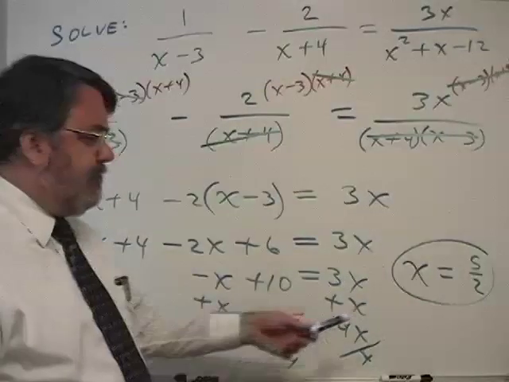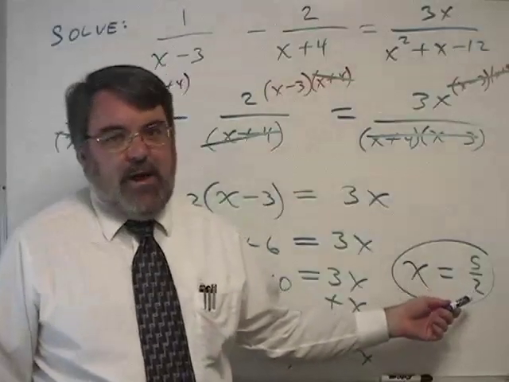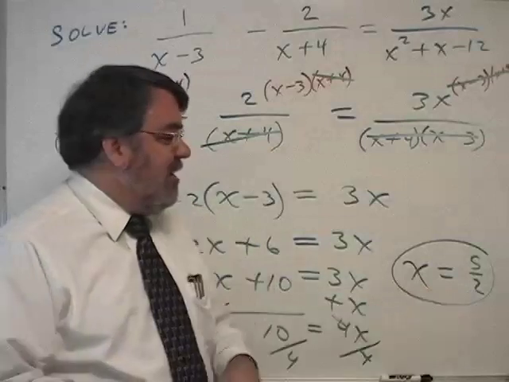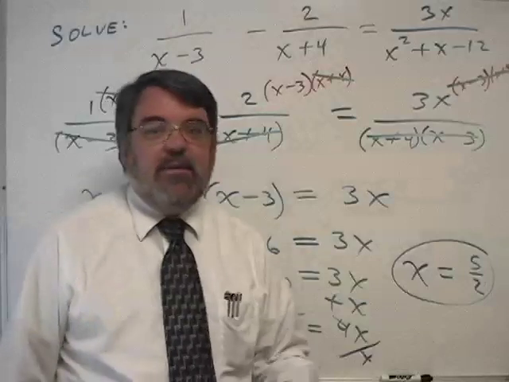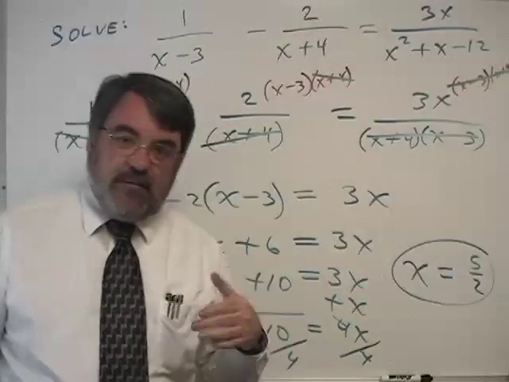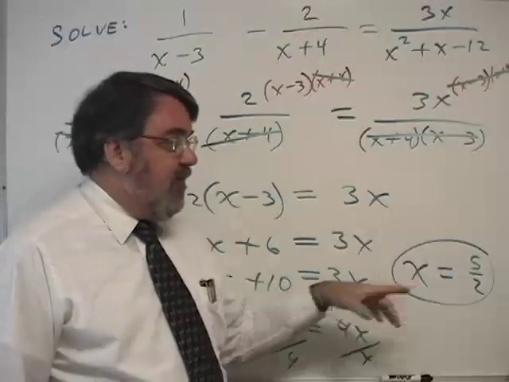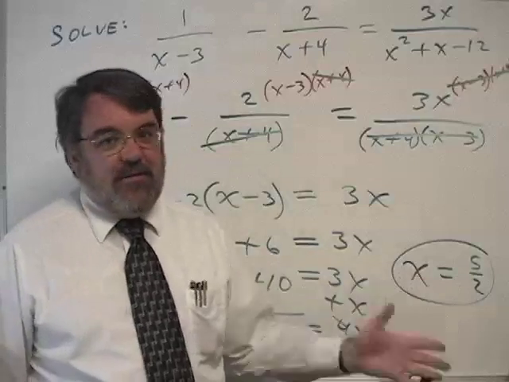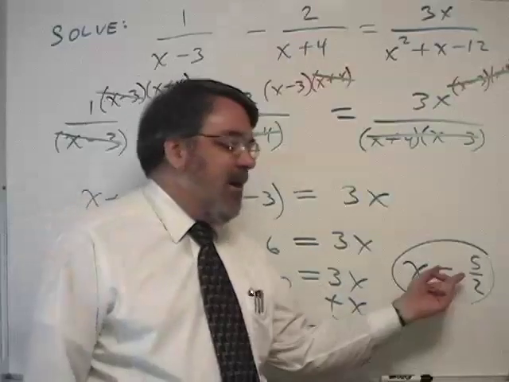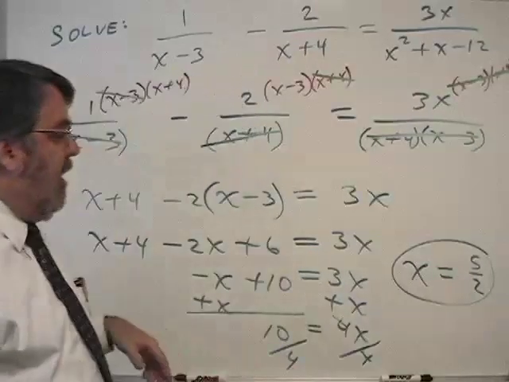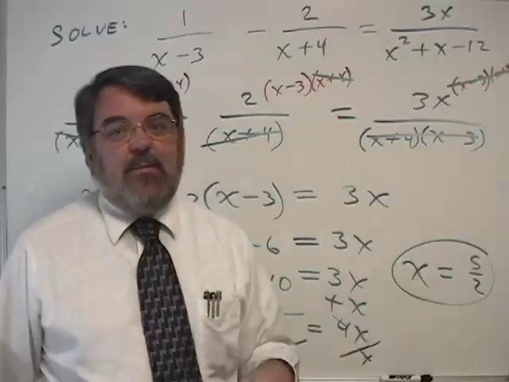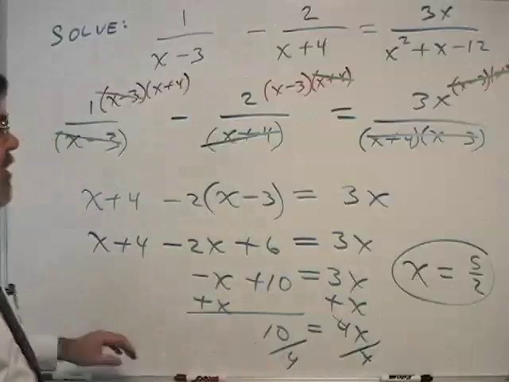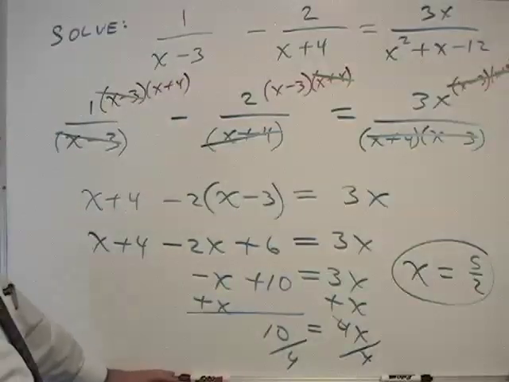Some students would change this to 2.5, and there's nothing wrong with that, but going from 10 fourths to 5 halves is reducing, or simplifying, a fraction. Changing it from 5 halves to 2.5 is just merely changing it from an improper form to a mixed form. And in algebra, we traditionally leave most fractions as improper fractions instead of mixed fractions. So I would stop there.